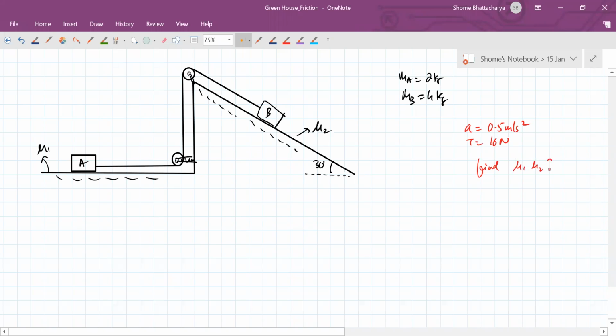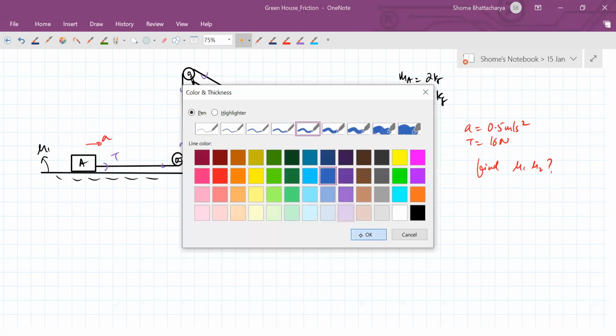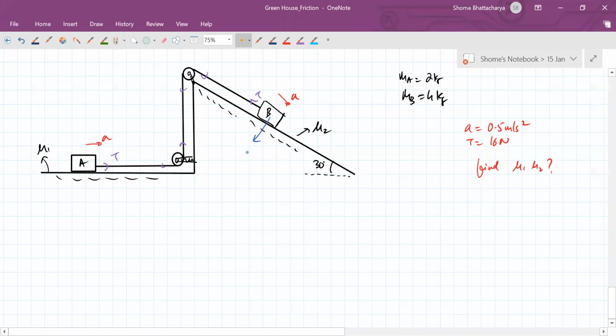So from that we have to find mu1 and mu2. Obviously this is coming down the inclined plane, this is moving like this, and now you can see the forces will be like this: tension. Then for this one you can take the components of weights. So 4g cos 30 degrees, 4g sine 30 degrees. For this one 2g directly.